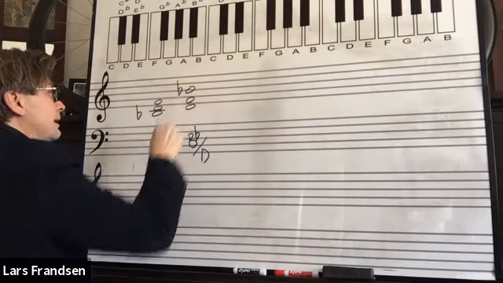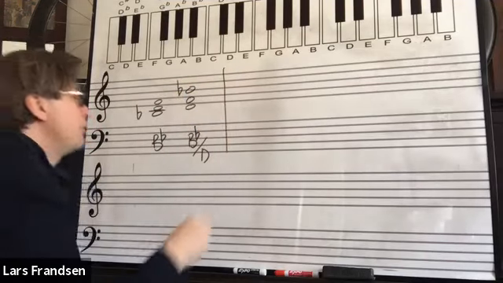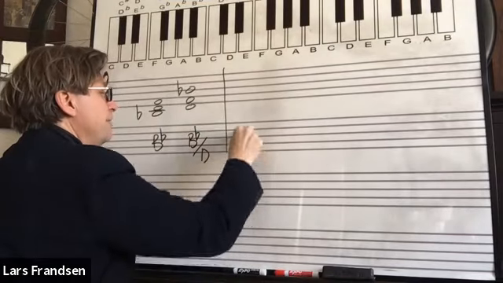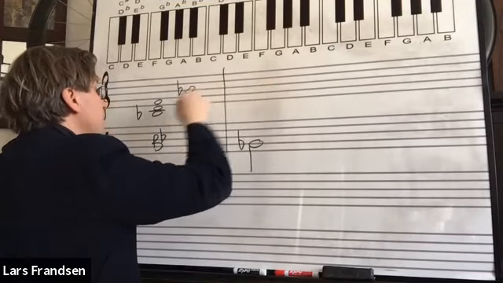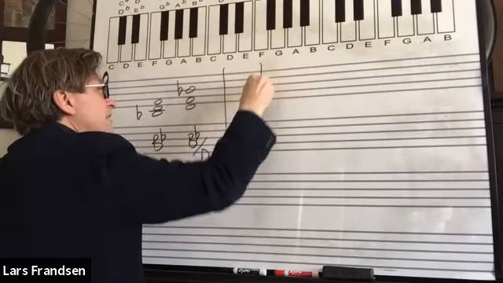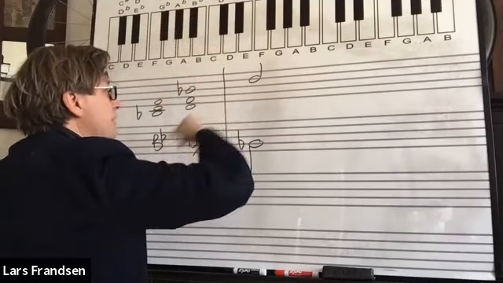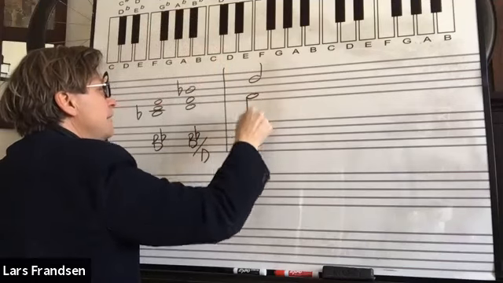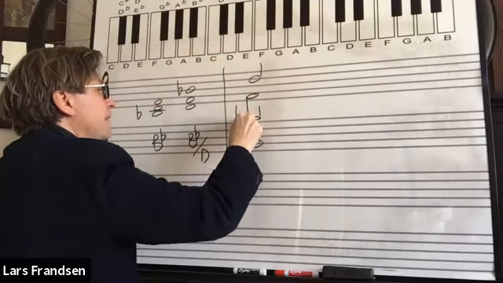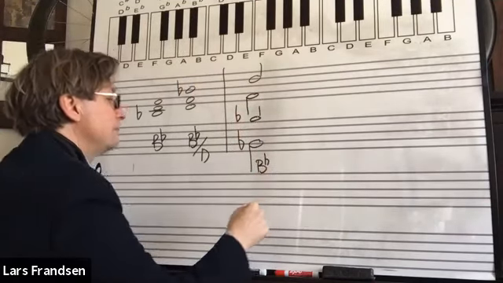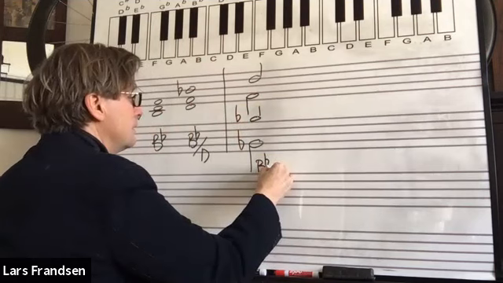Okay, in four parts, here's my B flat. The chordal third is the D, and we'll put the F in here and the B flat here. That would be B flat in root position.